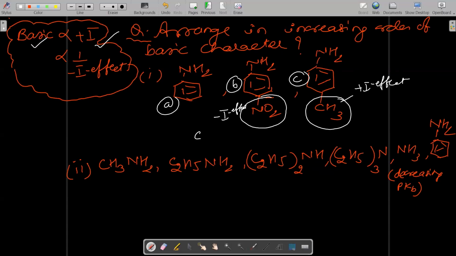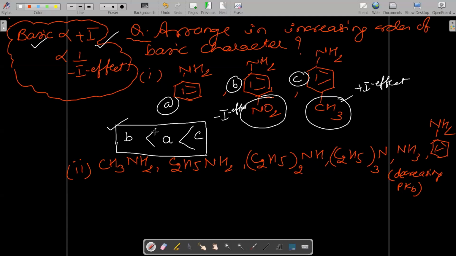So C, that is para-methyl aniline, also called para-toluidine, is a stronger base than aniline, and the weakest is the nitro compound because nitro has minus I effect. So if you know these basic concepts, you have to revise them, and you will be able to solve the answer.